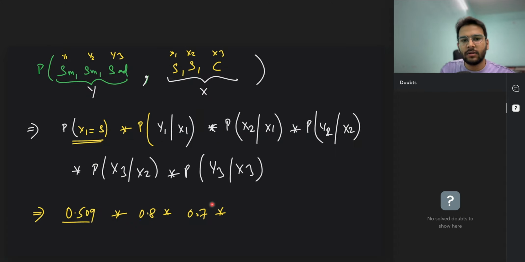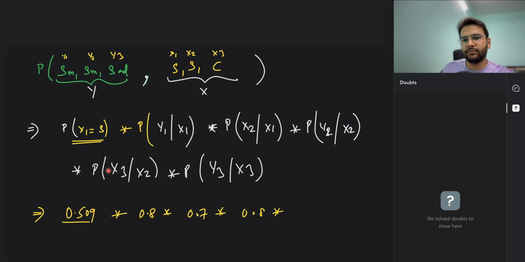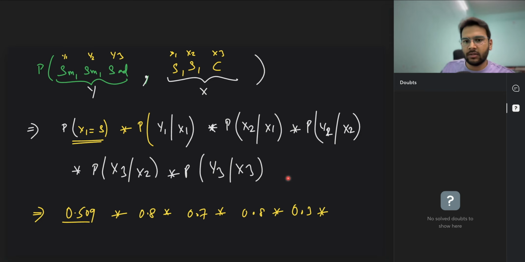Then x3 given x2, cloudy given sunny, 0.3. And then sad given cloudy, 0.6.